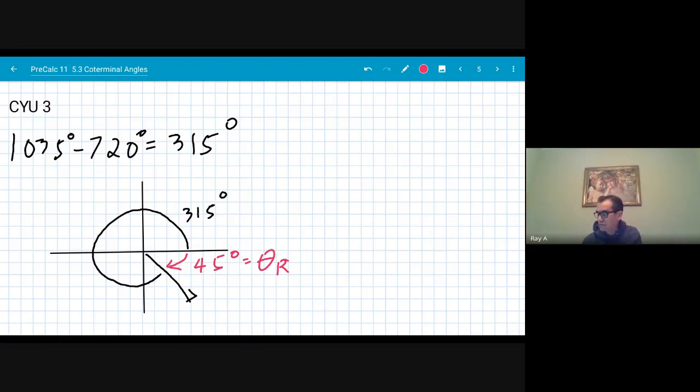So sine 45 degrees is root 2 over 2, but since we are in quadrant 4, sine of 315 is negative root 2 over 2.